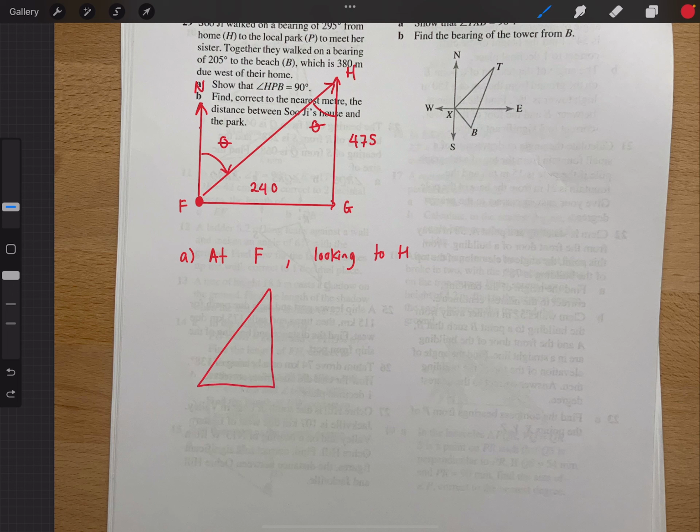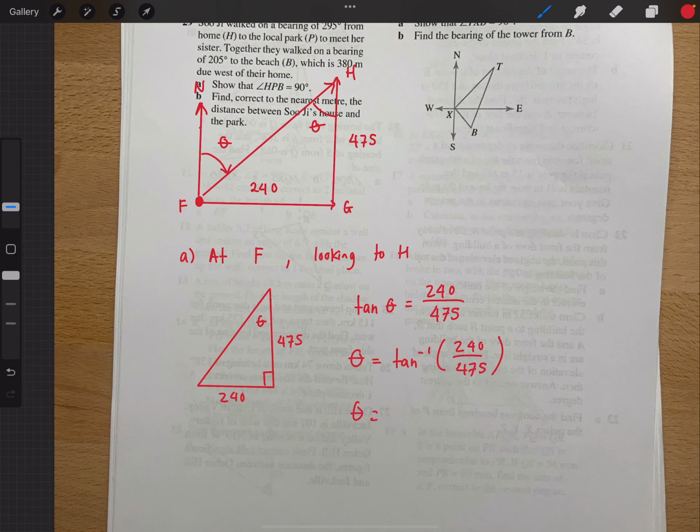You have theta here, 475, and 240. We can use tan, because tan theta is equal to opposite over adjacent. Opposite is 240, adjacent is 475. Now we can find theta. Theta is equal to the tan inverse of 240 over 475.